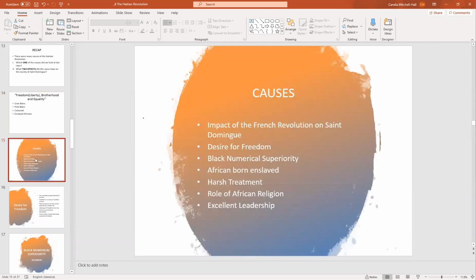So one of the causes is the impact of the French Revolution on Saint-Domingue. We covered the impact, and we know the two ways in which the French Revolution had an impact on Saint-Domingue.